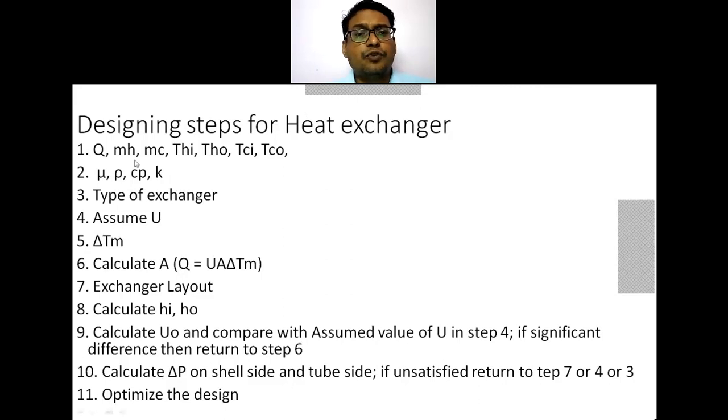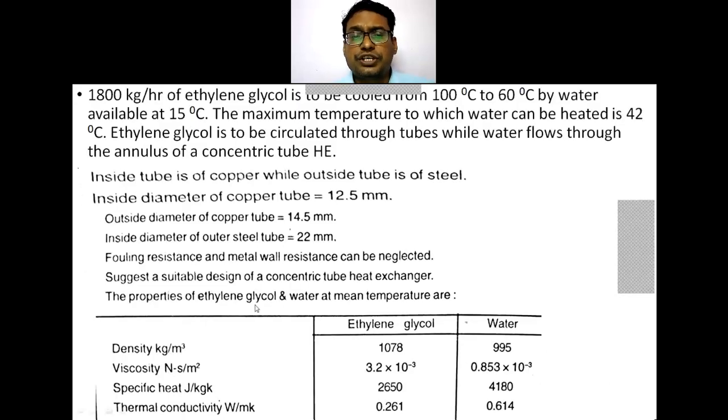Then the fluid physical properties: density, viscosity, specific heat and thermal conductivity, are already mentioned. You will also require the thermal conductivity of the copper, but in this case the metal wall resistance is neglected. That is why there is no need of the thermal conductivity of the copper.